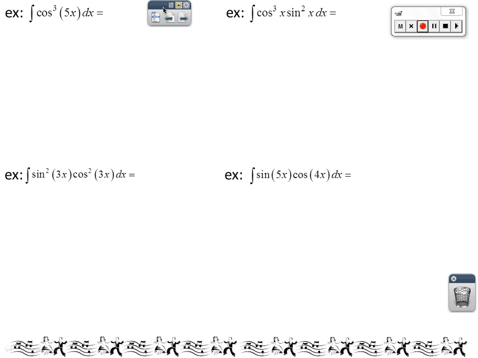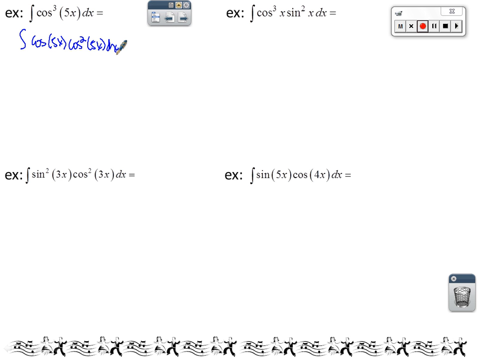So cosine is odd, so we're going to follow that first guideline, suggestion, and save one of them out. So I'm going to rewrite it. It's going to be the integral of cosine of 5x and then cosine squared of 5x dx. Okay, it's just a rewrite, the very first one.